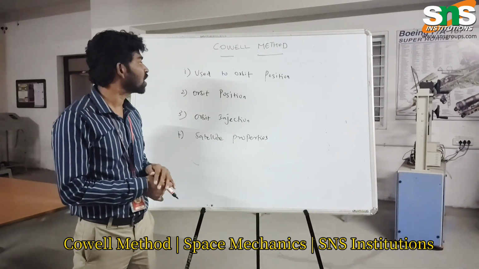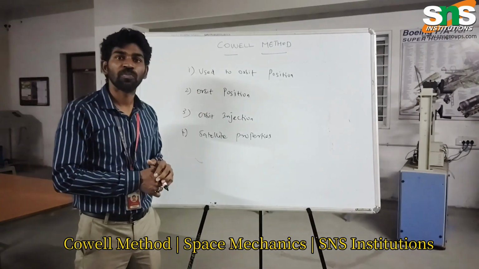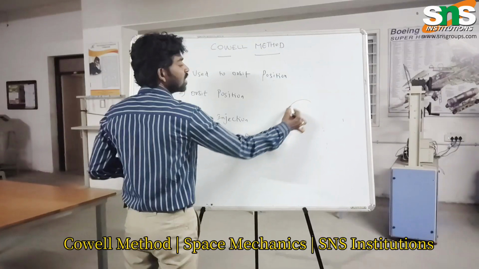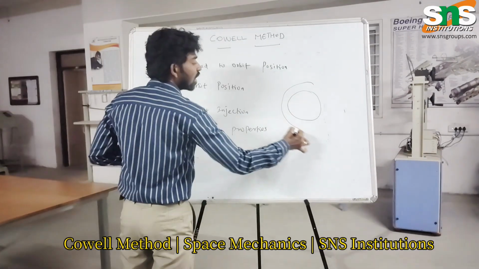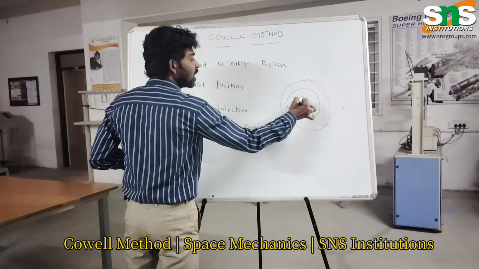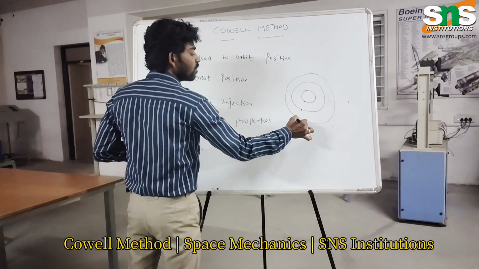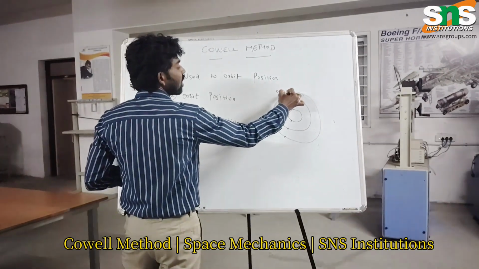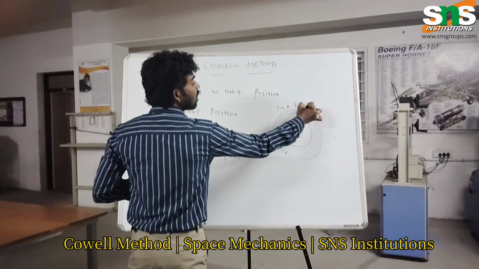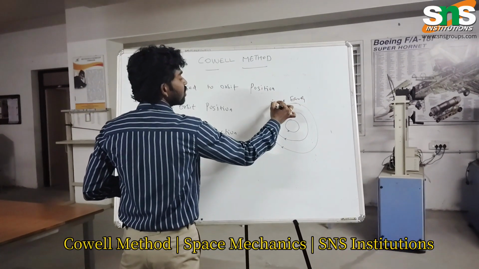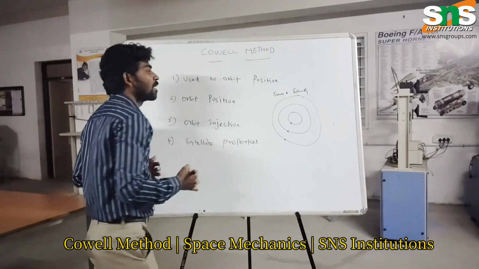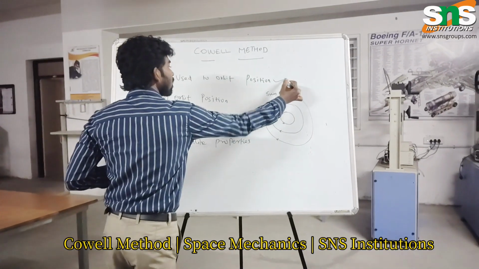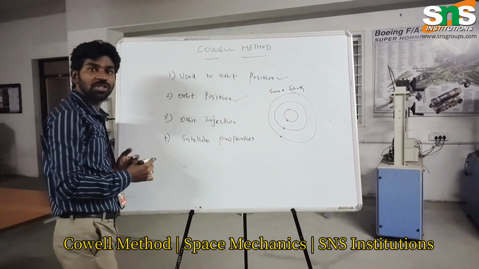The first one of the Cowell method is used to predict the orbit position. Here the satellite will travel from one orbit to another orbit from their particular position or direction. It is in the sun and earth surface. So this Cowell method identifies the orbit position.